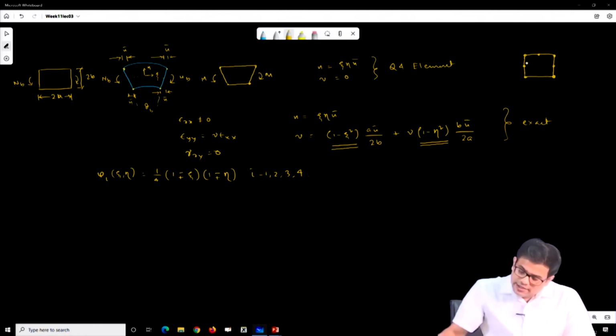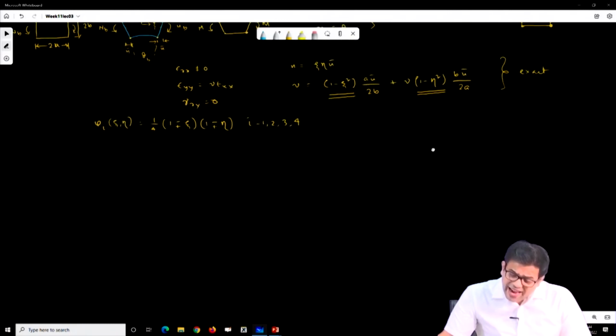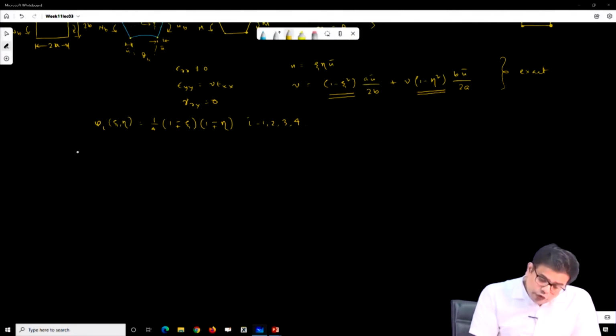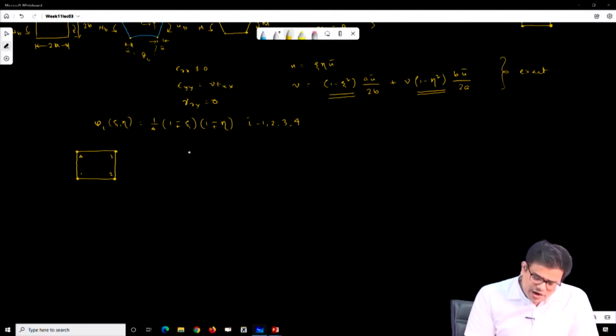For instance, if I add these two functions in my shape function in the 4-noded quadrilateral element itself, let us consider this 4-noded element: this is 1, 2, 3, 4. Now my shape functions are like this.